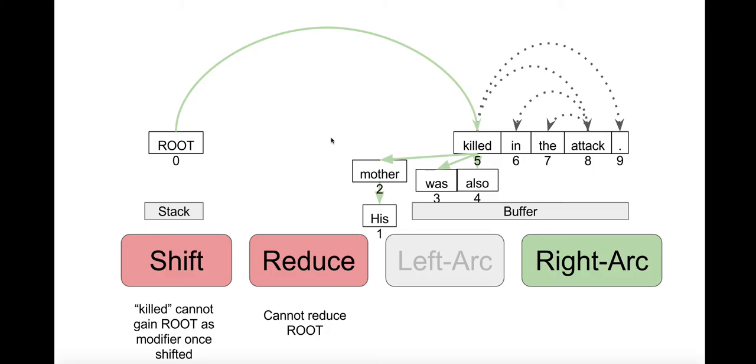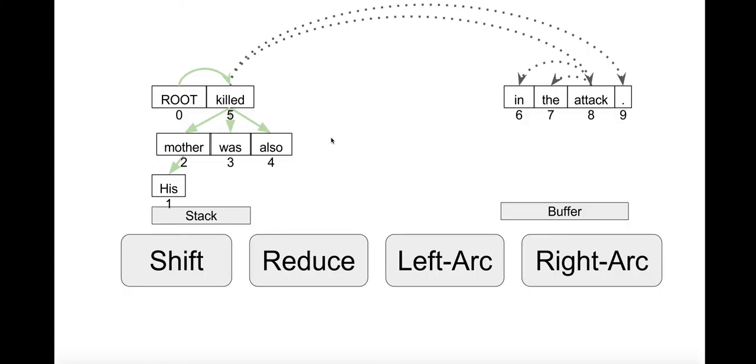Even if the token at the top of the stack was not root, and even if it could have been reduced because it had a head, we still need to form this right arc, because if we reduce it, we cannot ever form that right arc again. So whether it be a left arc or a right arc spanning the top of the stack and front of the buffer, we need to create it as soon as the configuration allows us to.